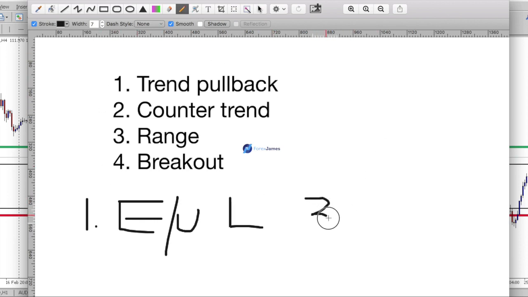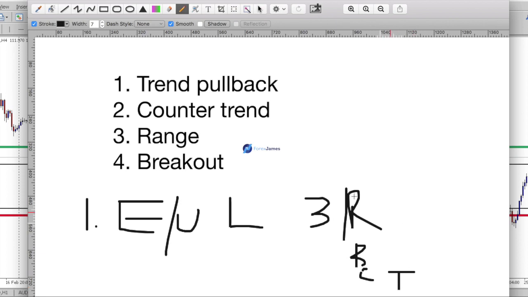Let's say it's a range trade, or you can just simply write range. Do these over a series of trades. Range, breakout, counter trend, or trend, and you'll be surprised at the statistics that you'll find.